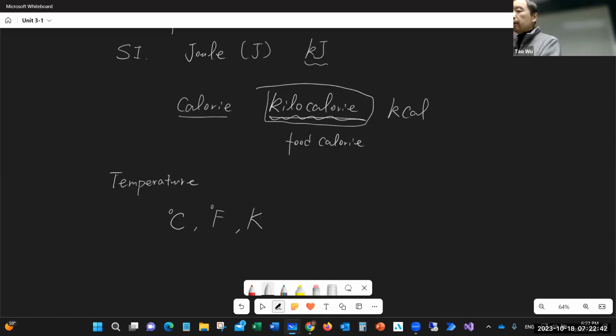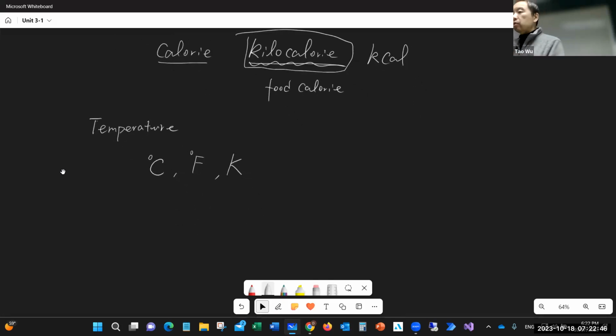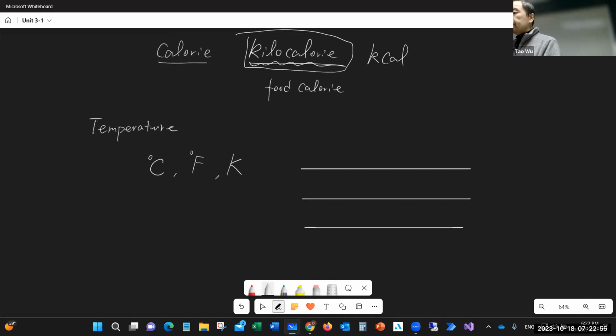Kelvin is a capital K, okay? So what is the difference between those? I'm going to draw three bars over here, and then you will probably recognize. So first, let's see Fahrenheit, Celsius, and Kelvin.